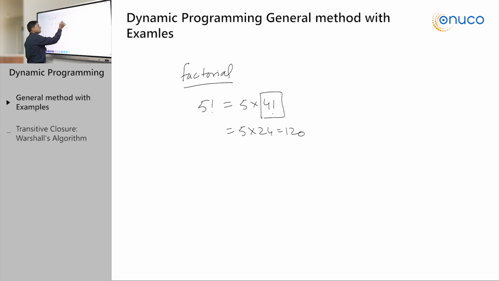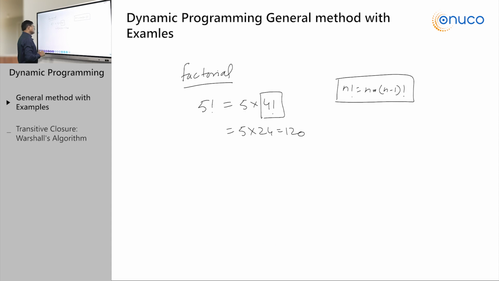It means we have the value of 4 factorial. How will it go? Again it will go in a similar way. We have 0 factorial as 1, hence we define all next n factorial as n into n minus 1 factorial. Same pattern we are going to find, and we can solve it dynamically.